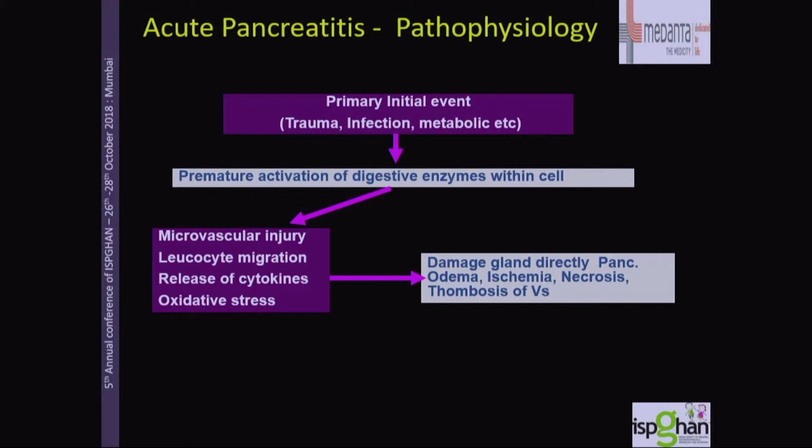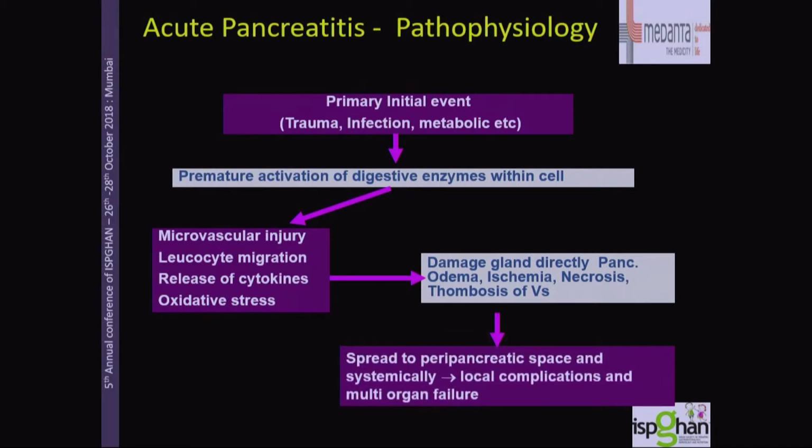If you read this carefully, you will understand all the complications that occur in acute pancreatitis. Because of this, there is necrosis of the gland, release of the enzymes, and thrombosis of the vessels. So they spread to the peripancreatic space and systemically, leading to local complications and multi-organ failure.